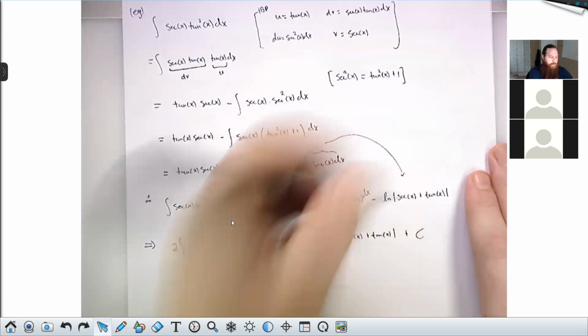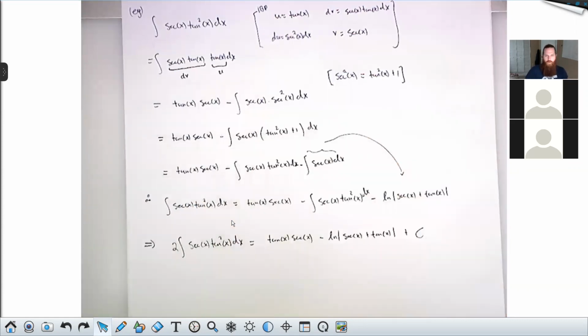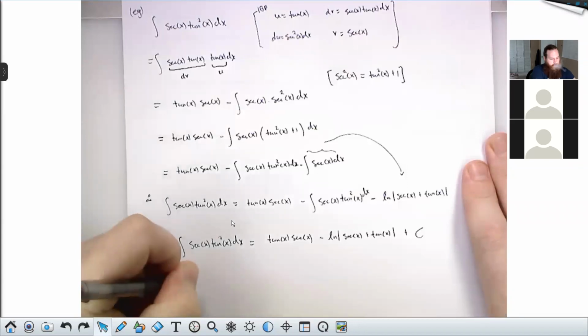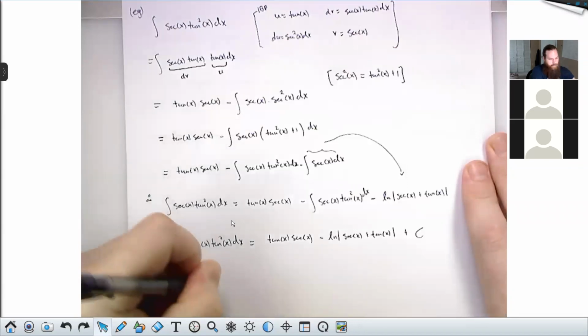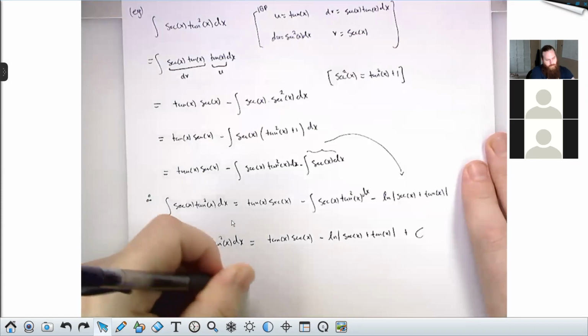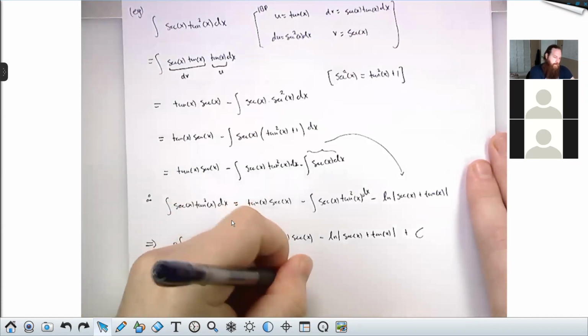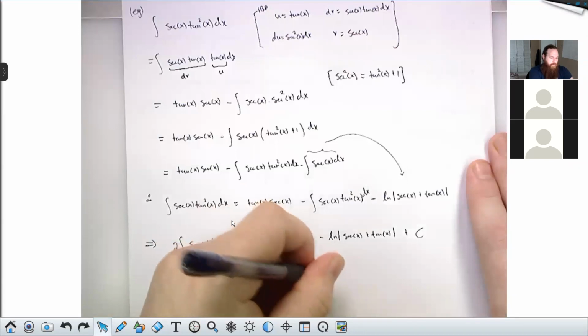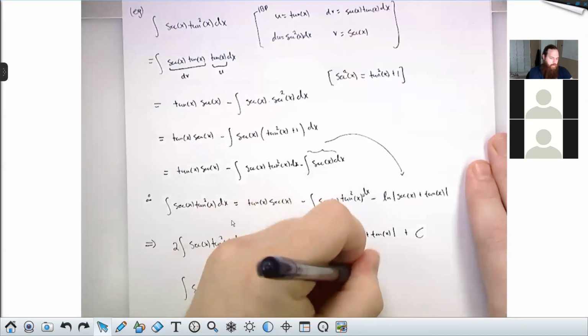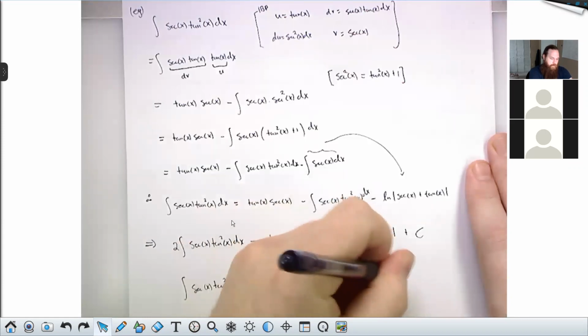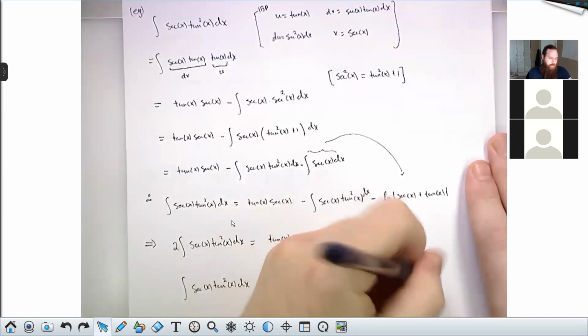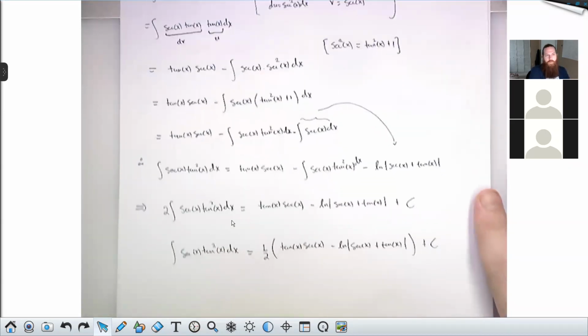And at this stage, I'll start writing my plus c's because I have no more integrals on the right-hand side, and then divide by 2. The divide by 2 I'll write as multiply by 1/2. And you don't have to divide the c by 2.